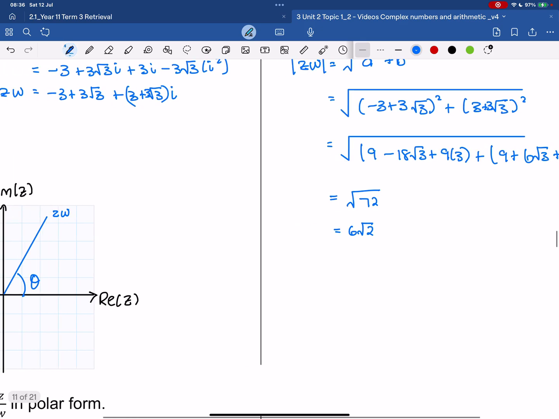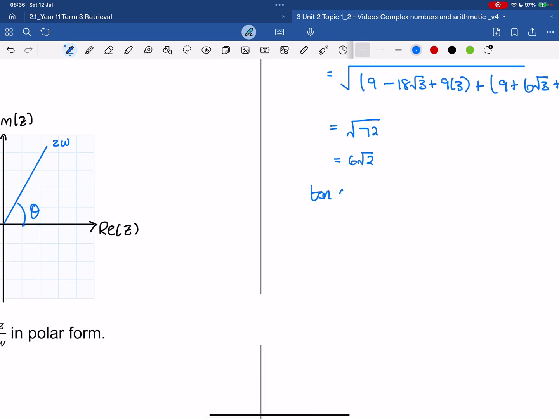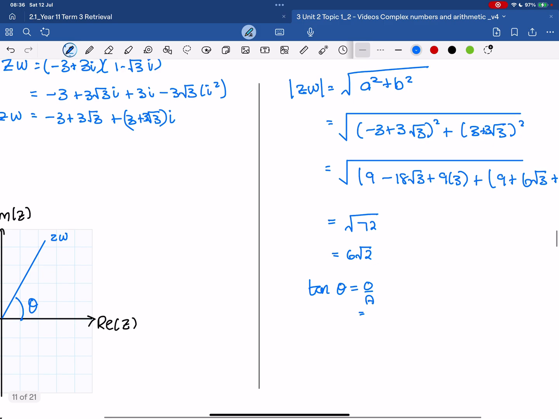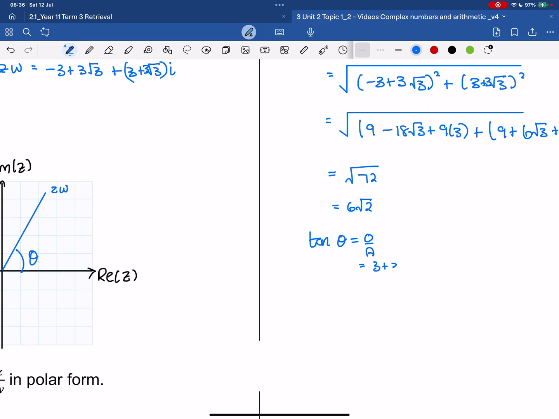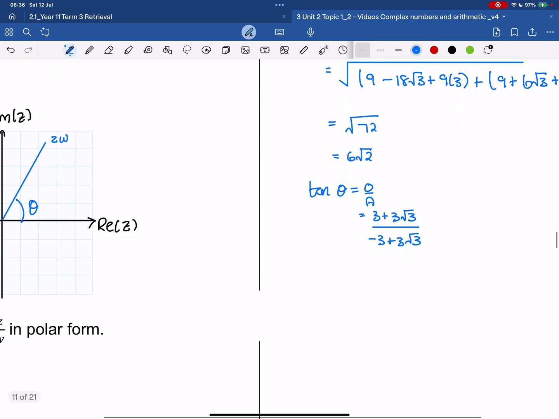Now I need to find my argument. So tan of theta is going to be your y over x, your opposite over adjacent, so it's going to be 3 plus 3 root 3 over negative 3 plus 3 root 3, and you're going to use your calculator to find your 5 pi on 12 there.